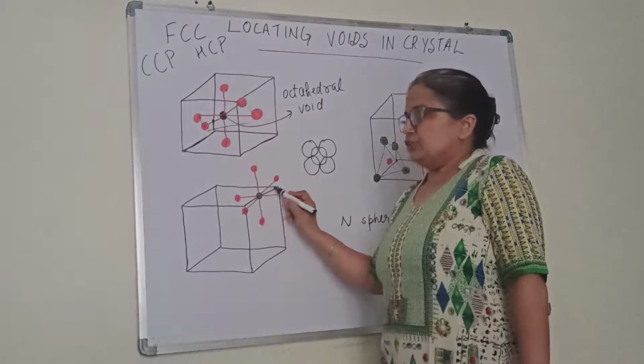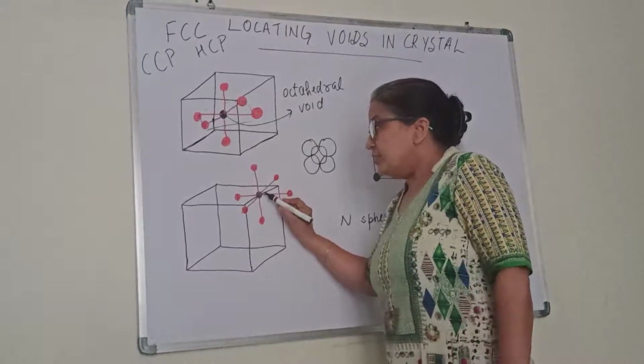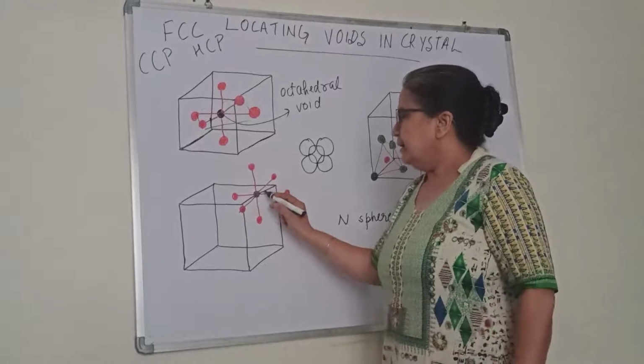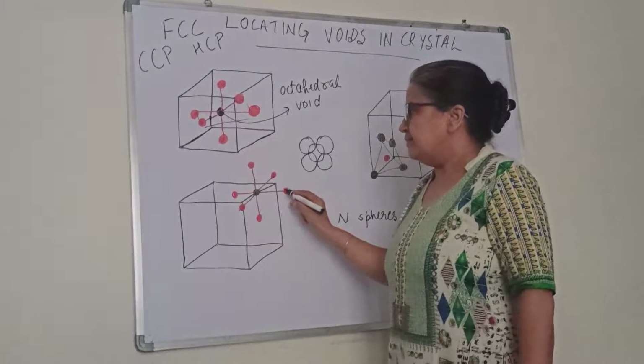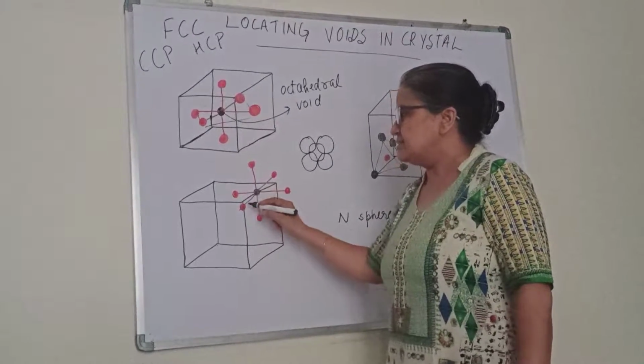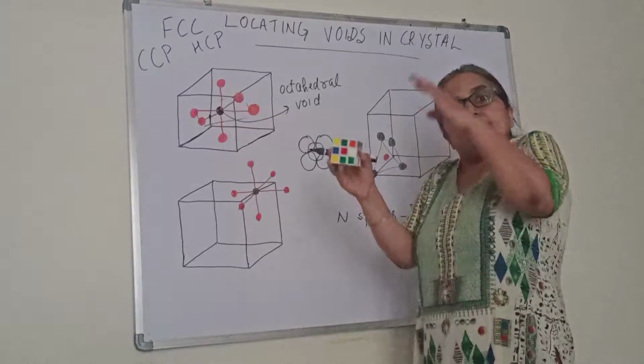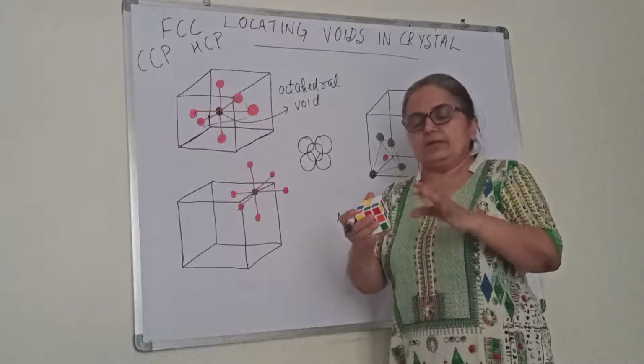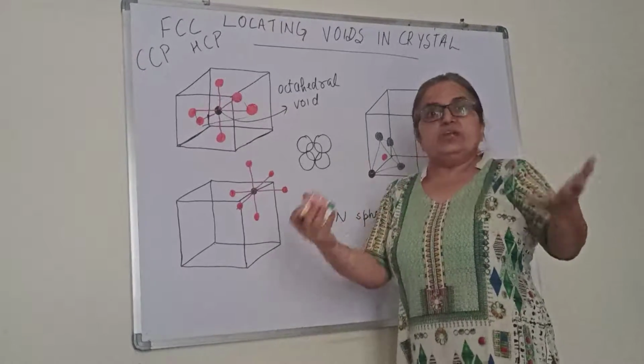This is an edge. At the center of each edge, there is another void. How do we see that? One particle on this side, one on this side, another particle, this and this. These are the neighboring ones, because an edge is shared by many other unit cells.